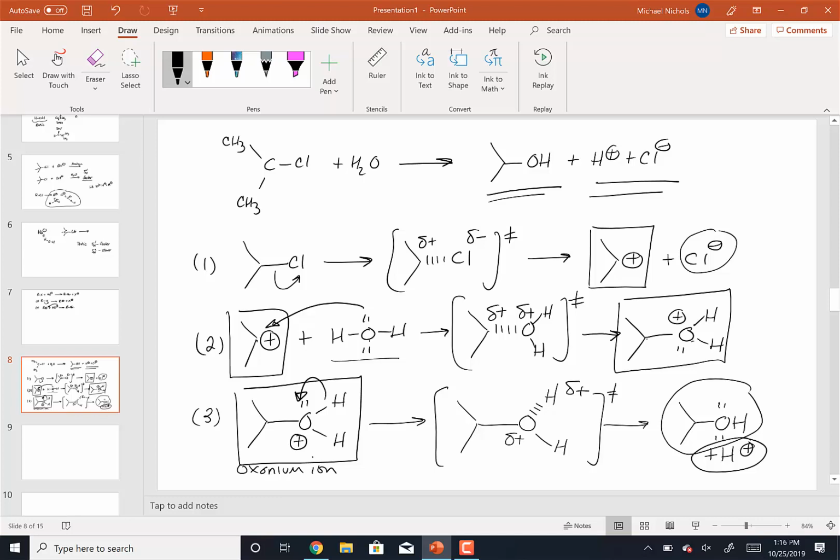So this mechanism is slightly different because it's got two intermediates, a C plus and an O plus. And it has three transition states because every one of these reactions needs a transition state.